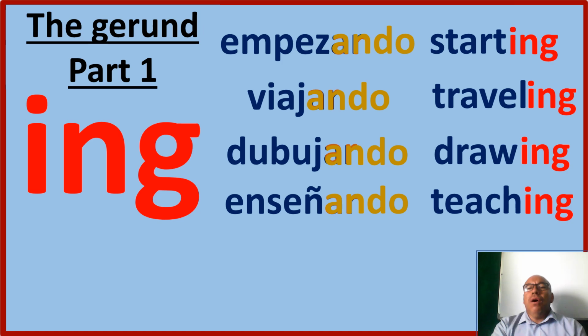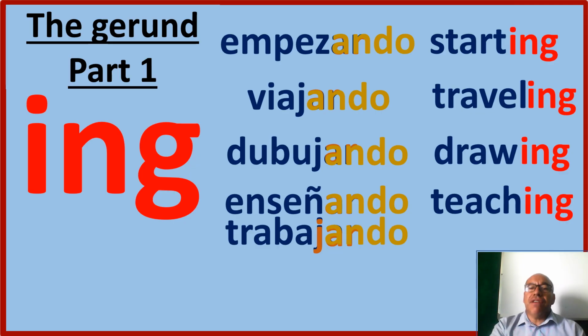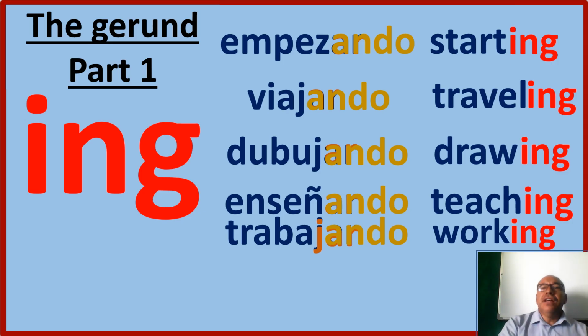One more, and the last example for this part: trabajar also ends in AR, so the gerund is trabajando, working in English. That's the way we write the gerund form, by adding ing at the end of the verbs. Okay, let's go with part 2.